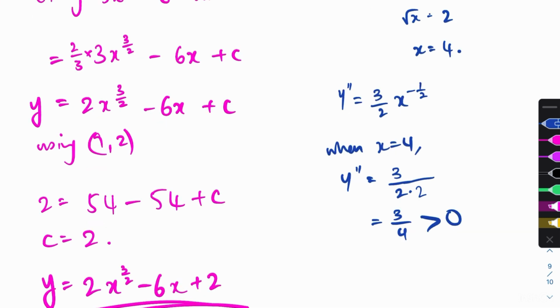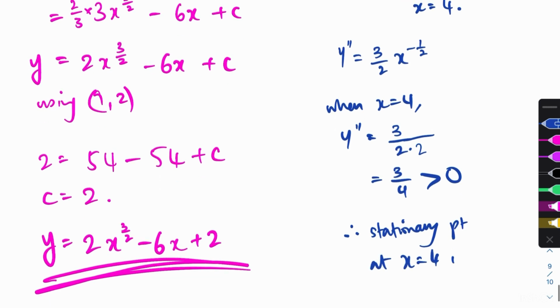So if y double dash is greater than 0, that means the stationary point at x equals 4 is a minimum.